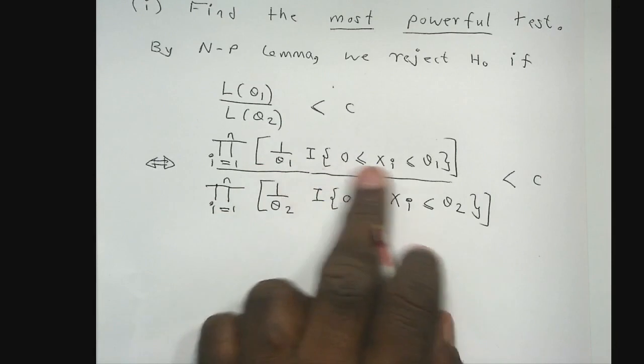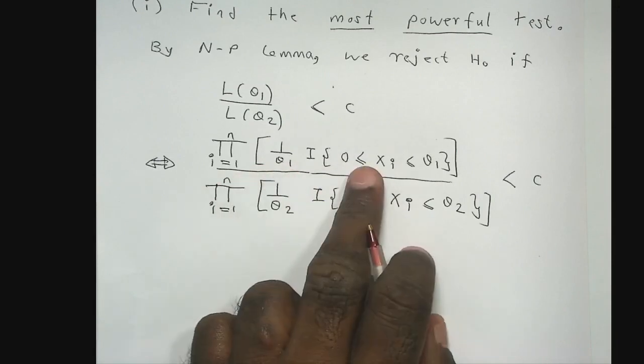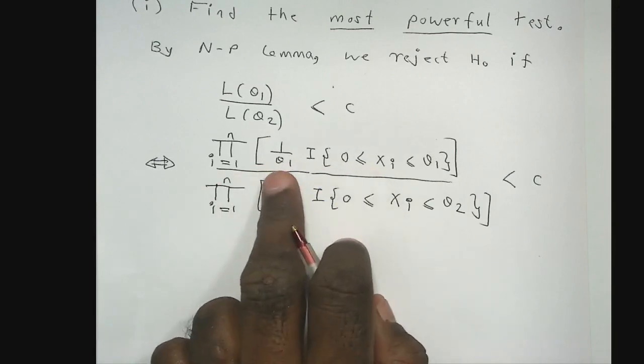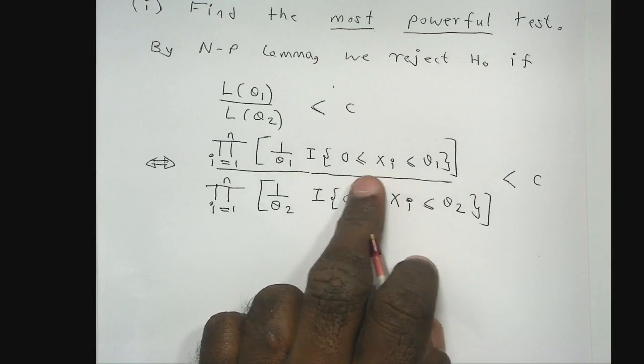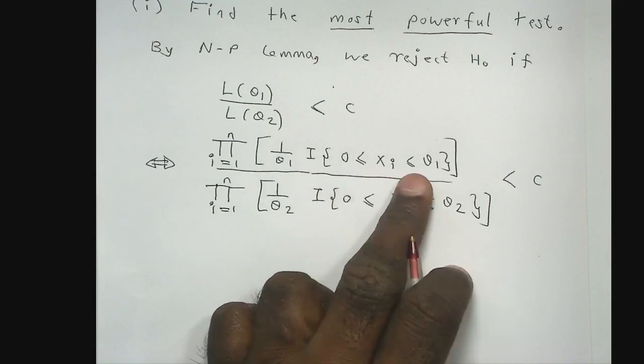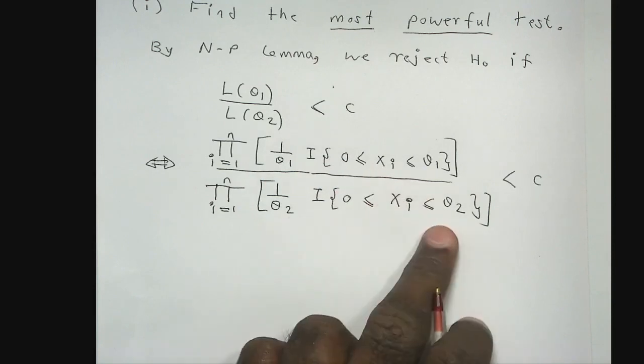This is the product of the density function of the uniform, which is 1 over theta 1, multiplied by the indicator function that each Xi is between 0 and theta 1, and the same thing at the bottom.